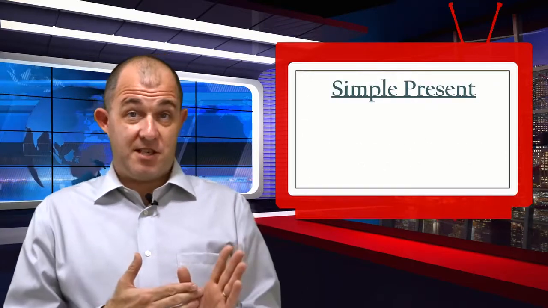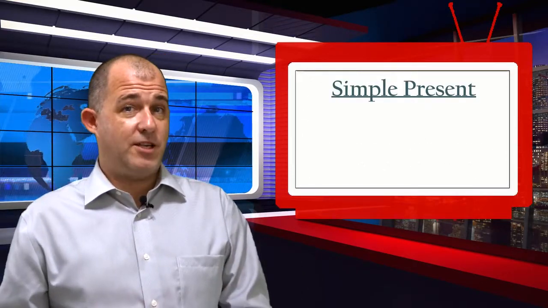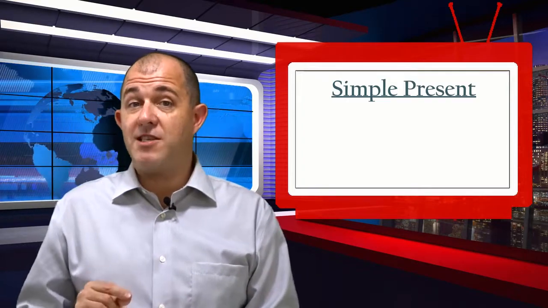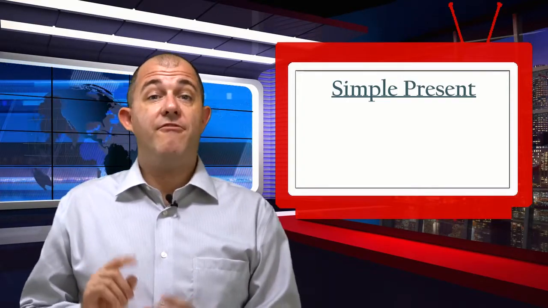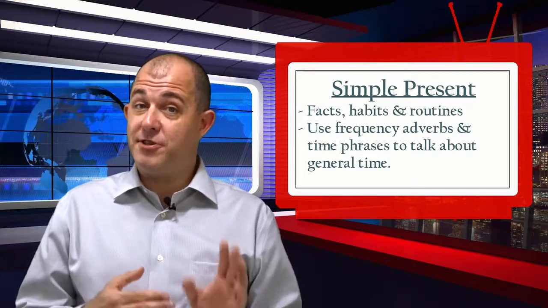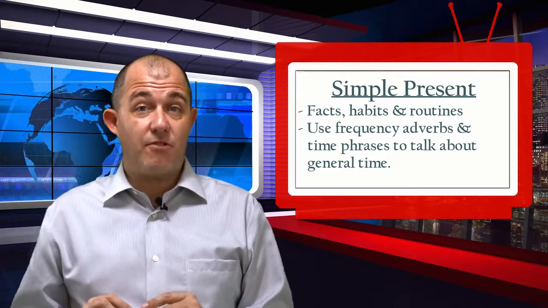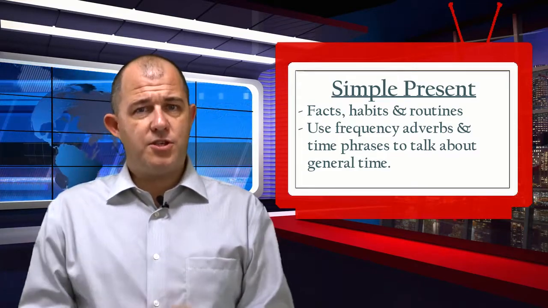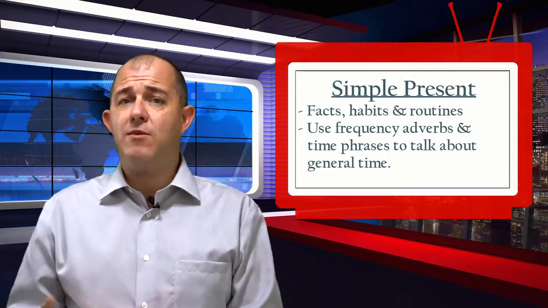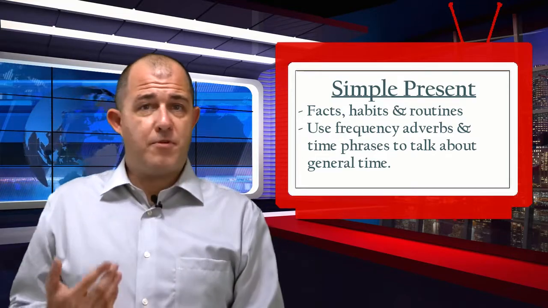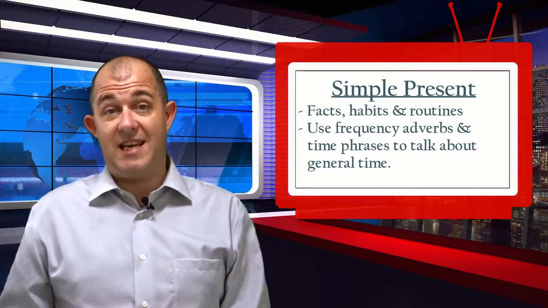Now let's go back to simple present for a little more information. Remember, simple present is used to talk about facts, habits, and routines, and we also use frequency adverbs with simple present to explain how frequent or how common a particular habit or routine is.